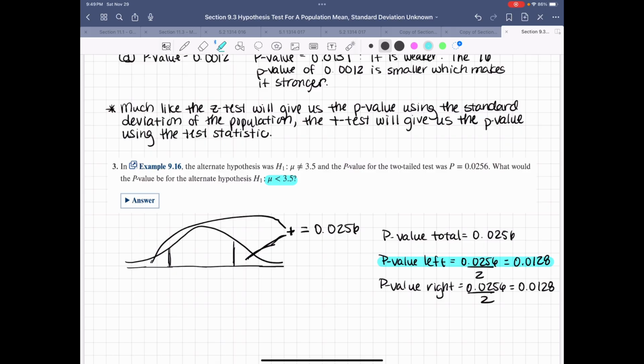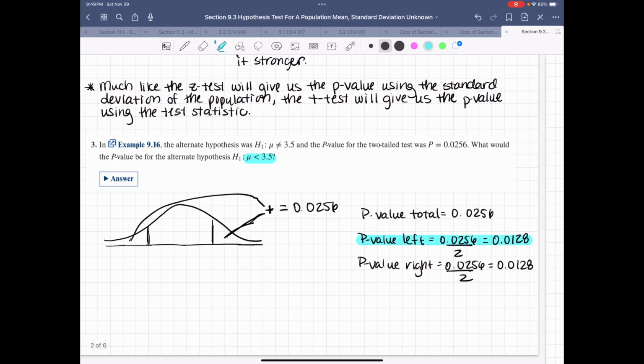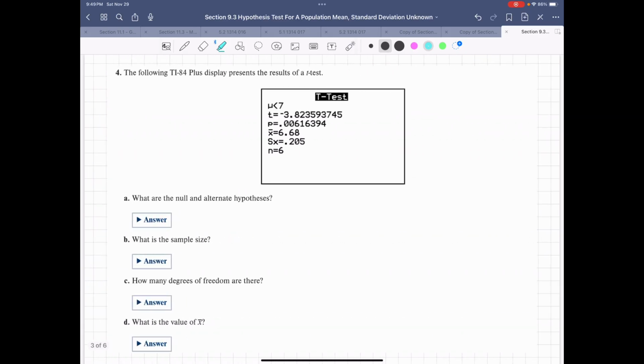Okay. Example 4 has us reading a t-test here. So it says, what are the null and alternate hypotheses? Well, we've got mu is less than 7, so that means our null hypothesis is mu equals 7.